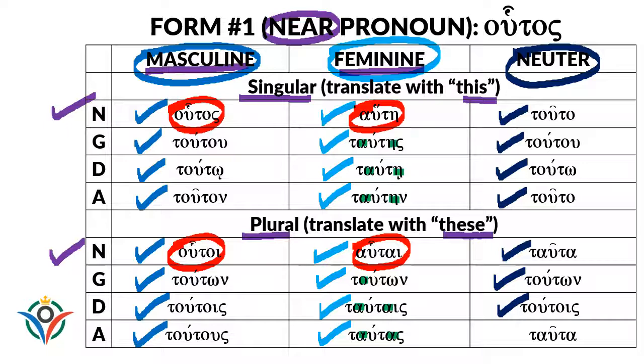And accusative is tauta. All right, so the neuter gender is quite tricky, but as long as you keep in mind the ending, if it is an alpha or an eta, you're going to have the omicron changing to an alpha. Otherwise, it should be quite straightforward to learn.